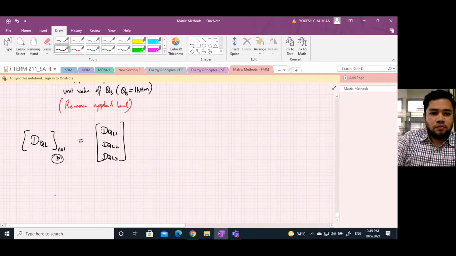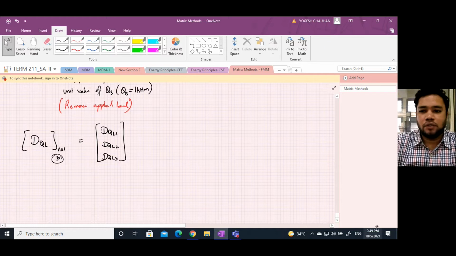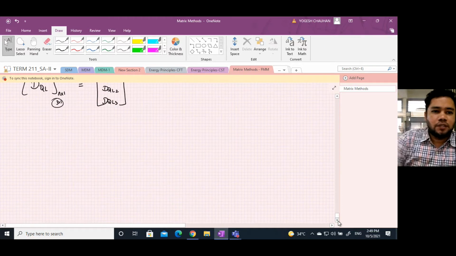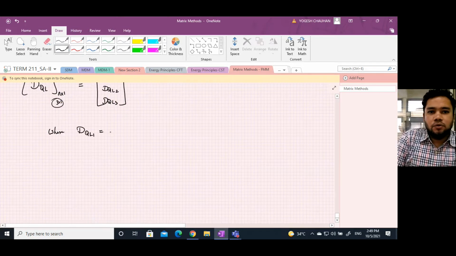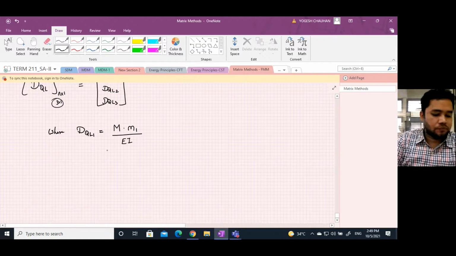Now let us find the values of DQL1, DQL2, and DQL3. DQL1 is equal to the integral of capital M times small m1 by EI.